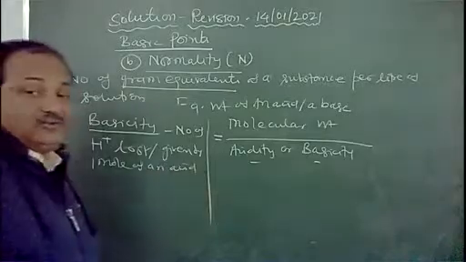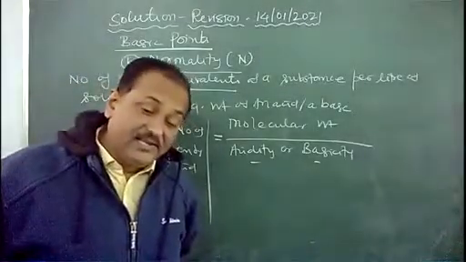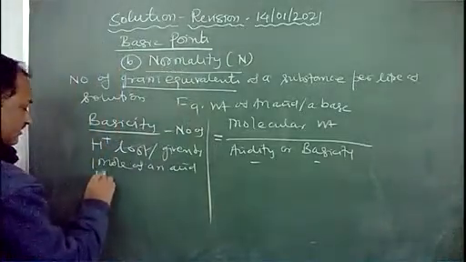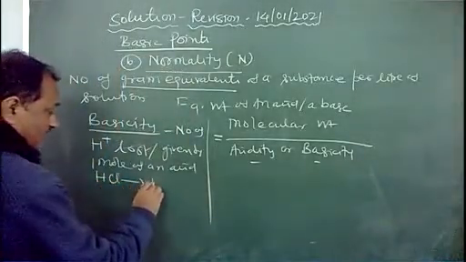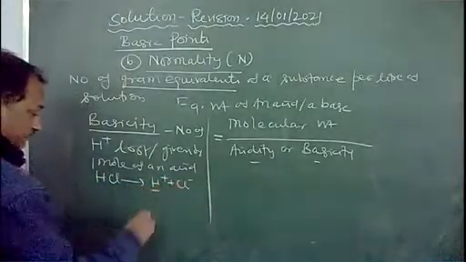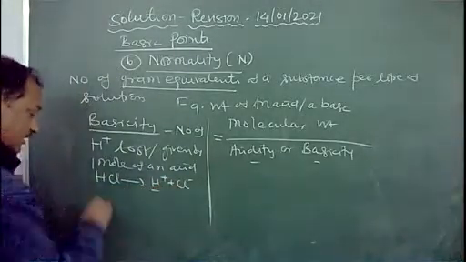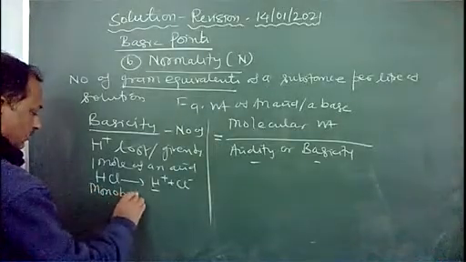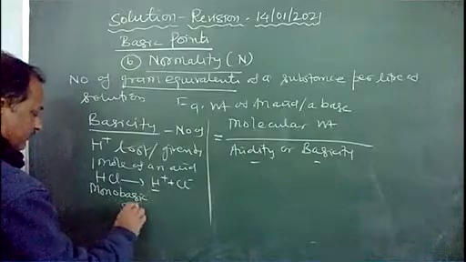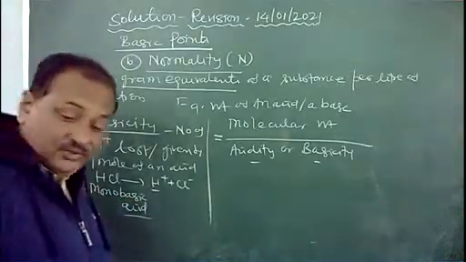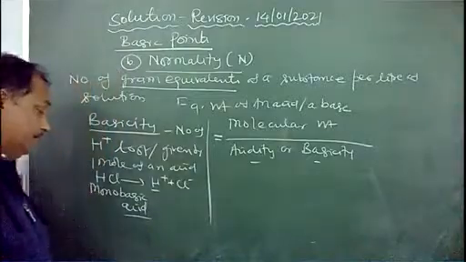If you take the case of HCl, on dissociation it gives rise to 1, so basicity is 1, and it is called a monobasic acid. Hydrochloric acid and HNO3 are monobasic acids.